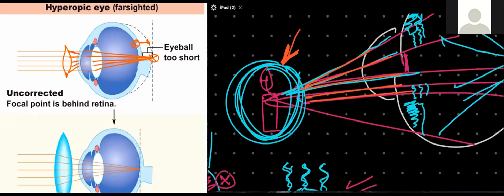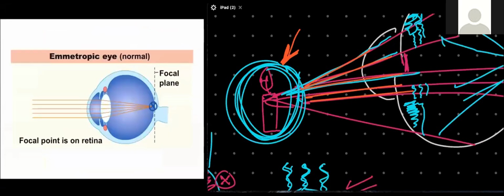With converging the light rays. Which one is going to be emitting more converged light rays? A far object that emits parallel rays or a close object that emits divergent light rays?